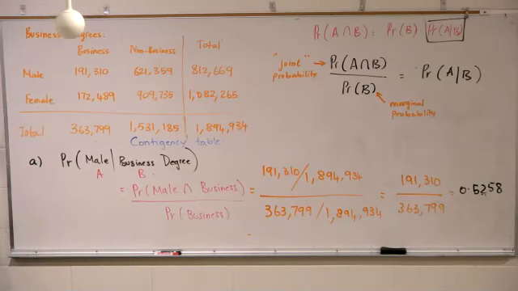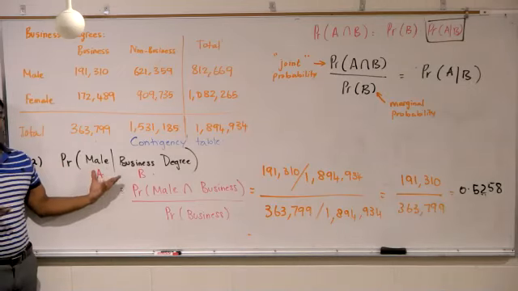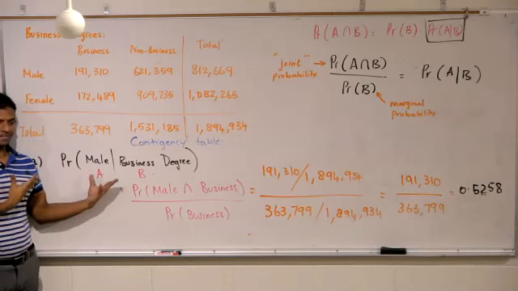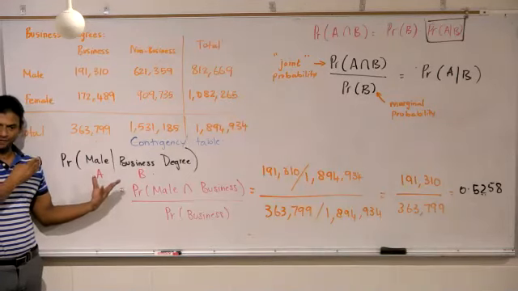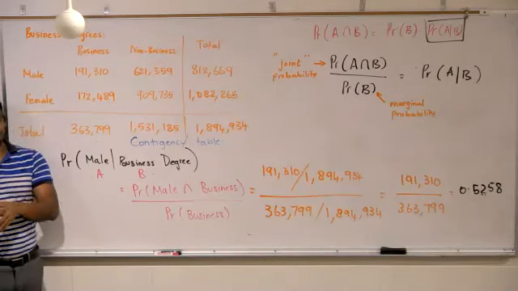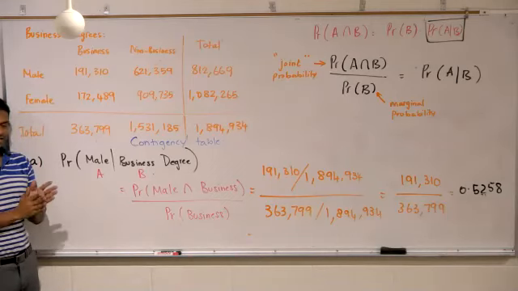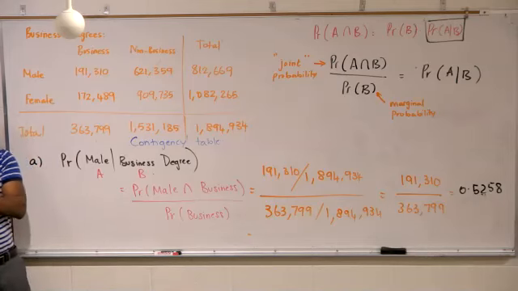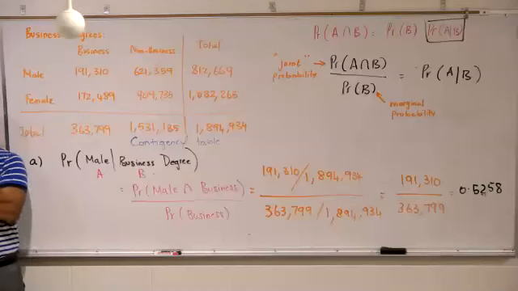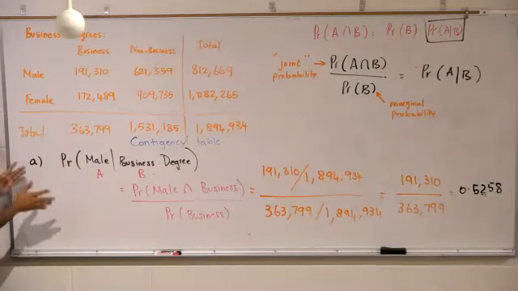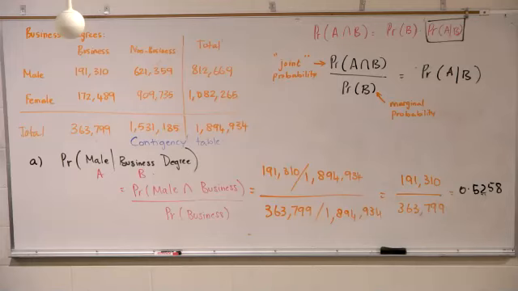But if we think carefully, what is the problem asking us? The probability that someone is male, given the person has a business degree. So I'm conditioning on the fact that people must have a business degree, correct? How many have a business degree? So my condition total would be this, yes?